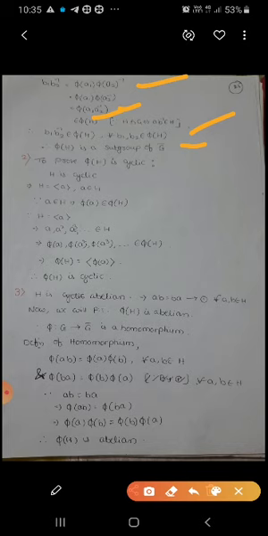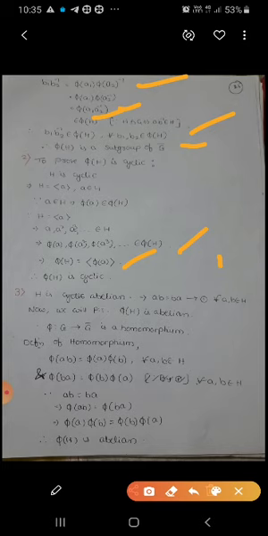H is a cyclic group, which implies H equals the generator A, where A belongs to H. Since A belongs to H, phi of A belongs to phi of H. Since H is generated by A, A, A square, A cube and so on belong to H. That implies phi of A, phi of A square, phi of A cube and so on belong to phi of H. So that implies phi of H equals the generator of phi of A. Therefore, phi of H is cyclic.